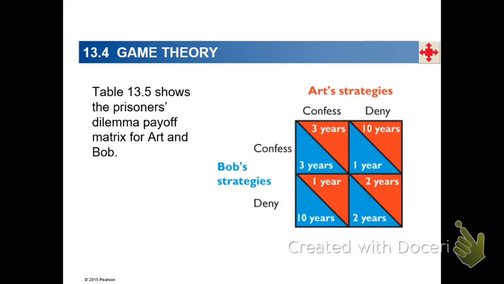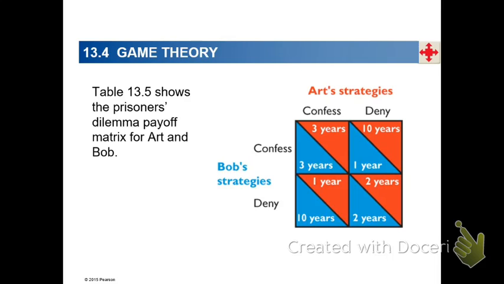So what we're looking at is called a game tree or a game table. Here, it's a two-dimensional space. It's a matrix, and we have put Art's strategies on the vertical axis, and Bob's strategies on the horizontal axis. The yellow numbers tell us the payoff of Art, and the blue numbers tell us the outcome of Bob.